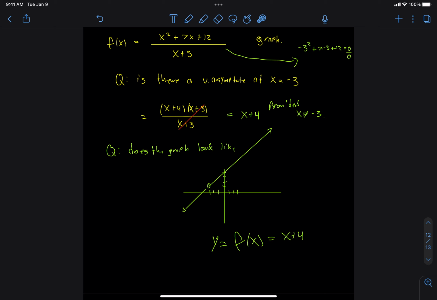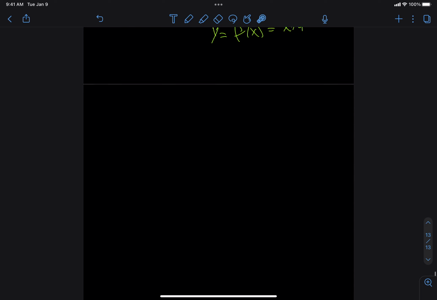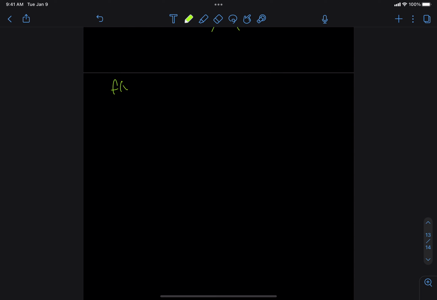See if we can find a good problem here. All right, let's do this one. It says f of x is square root x and g of x is x minus 13.